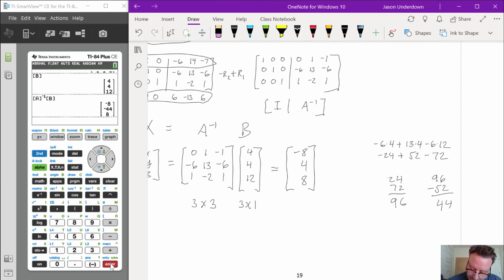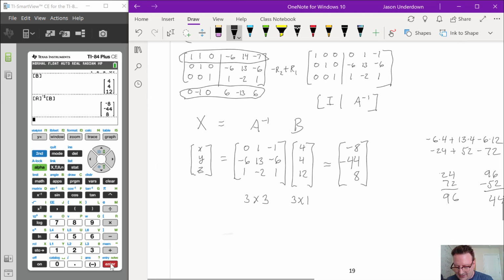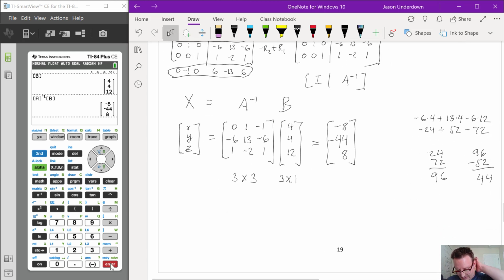Okay. Oops. Well, good thing I checked. Okay, so now the answer is correct. And notice how easy it is to do this on the calculator. So yeah, the calculator is really a great tool for solving linear systems.